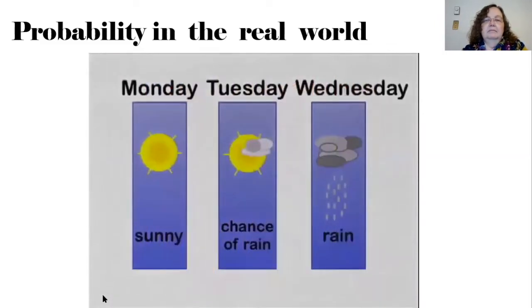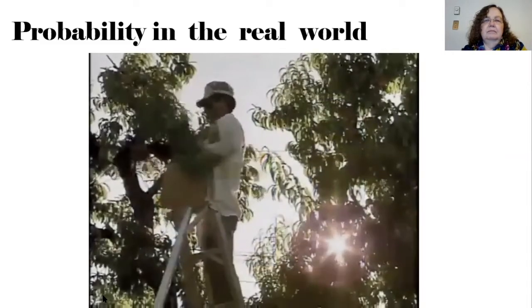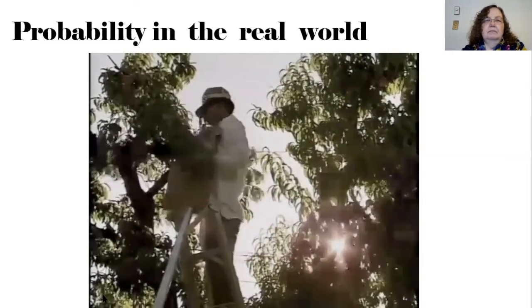Let's look at a 3-day weather forecast. On Monday, it will be sunny. There is no probability of rain. By Wednesday, it is certain to rain. On Tuesday, the skies will be cloudy and there is a 50% chance of rain. Even though there are clear skies now, there is a chance that it will rain on Tuesday.